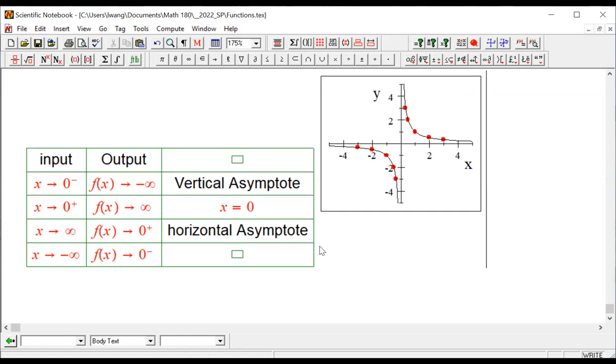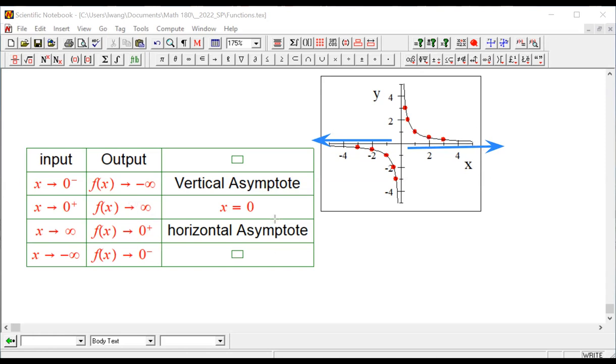For the horizontal asymptote, you can see that when x is approaching negative infinity or the input approaching positive infinity, the output is approaching 0. One is approaching 0 from smaller than 0. The other one is approaching 0 from larger than 0.